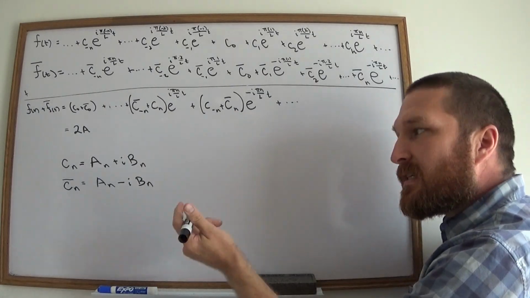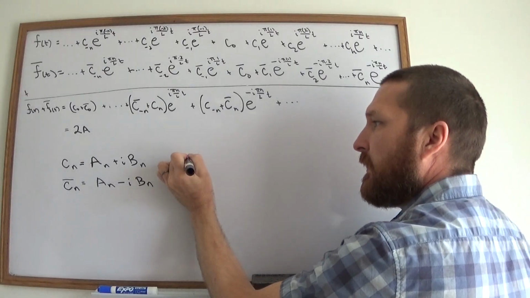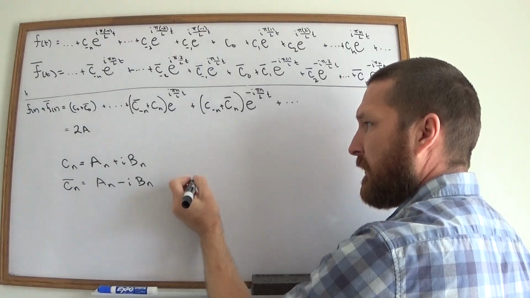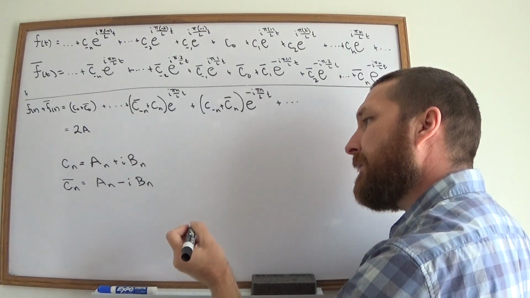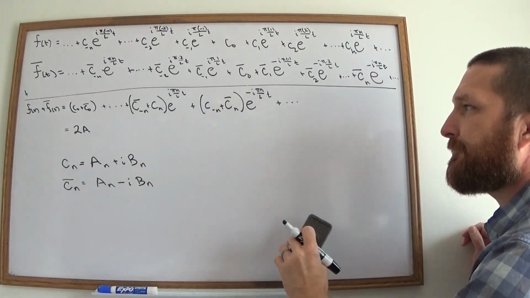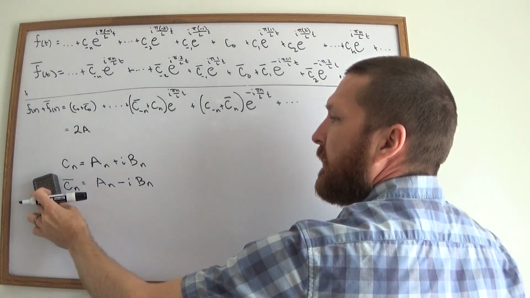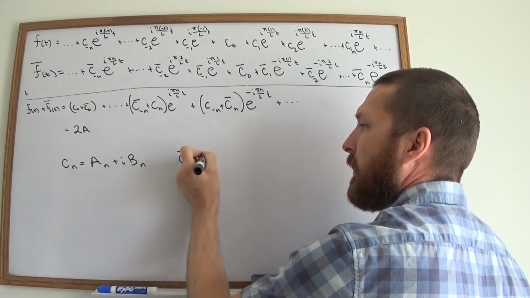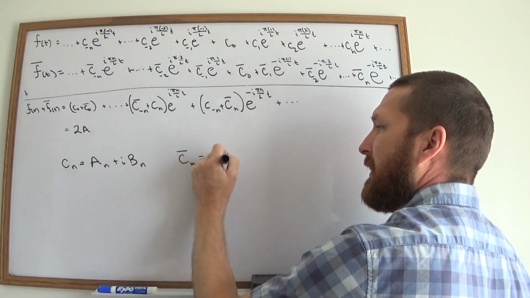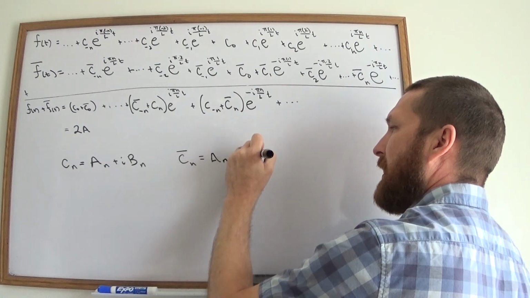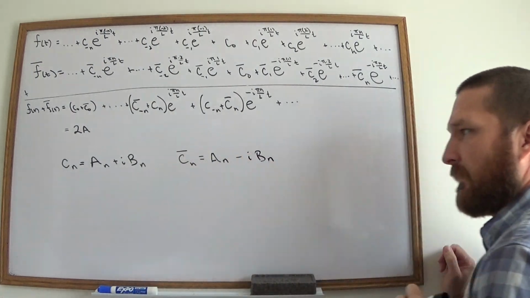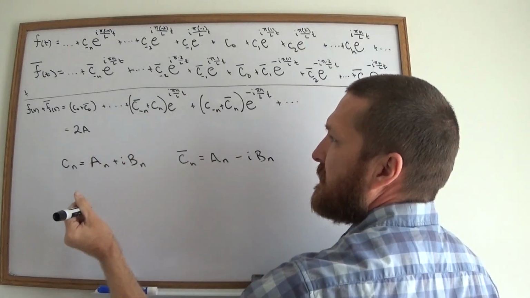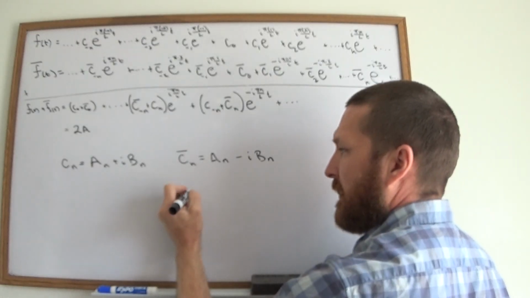It's negative n, and this is why we have to be so careful here. Cn bar is whatever An is minus I Bn. Now really carefully, what about C negative n?